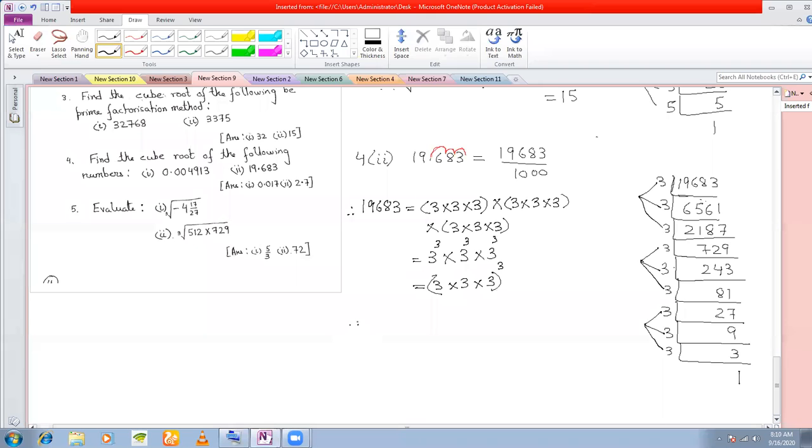Therefore, what should be the cube root of 19683? Maybe I can write the cube root separately here.